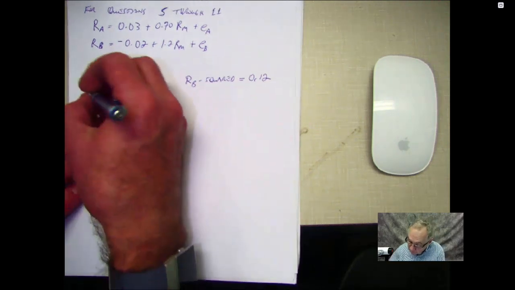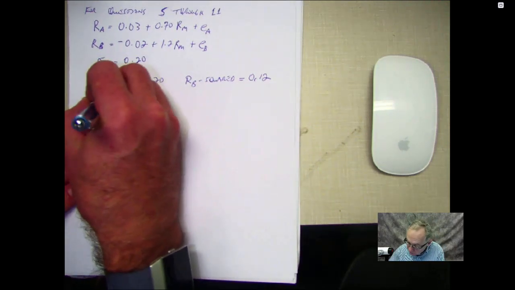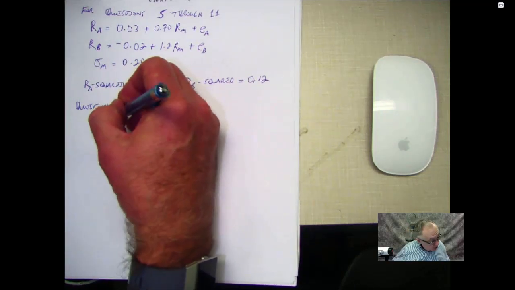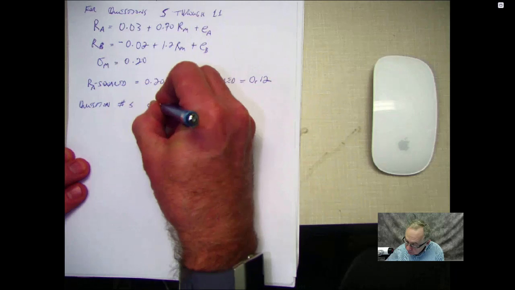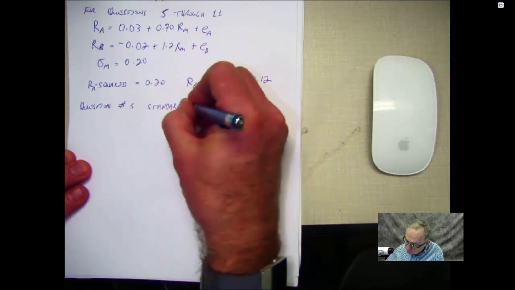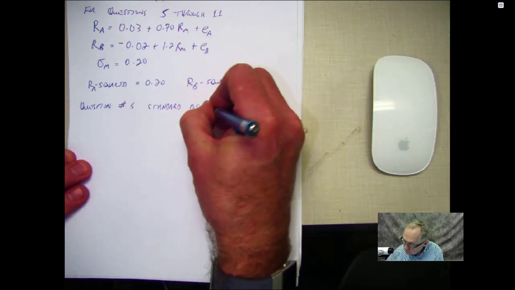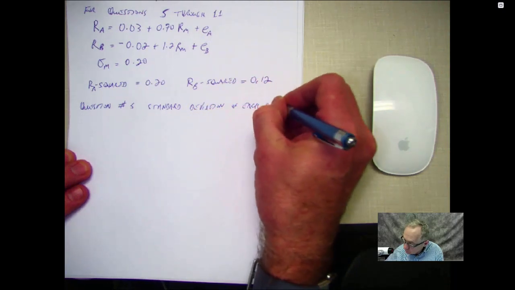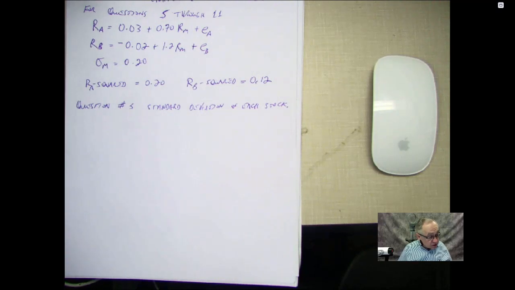So question 5 then asks, find standard deviation of each stock. This is using our arbitrage pricing theory formulas.